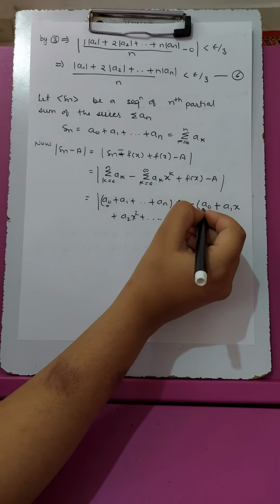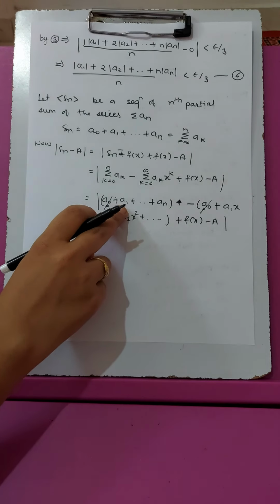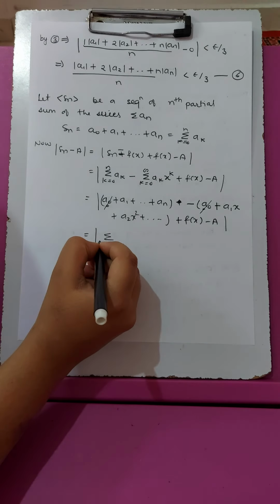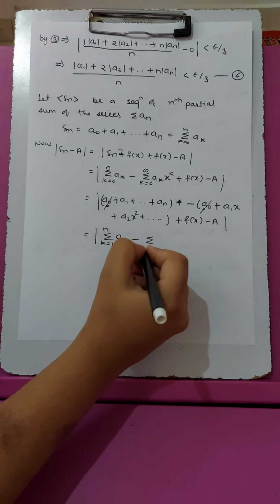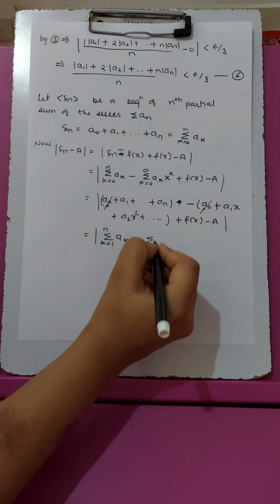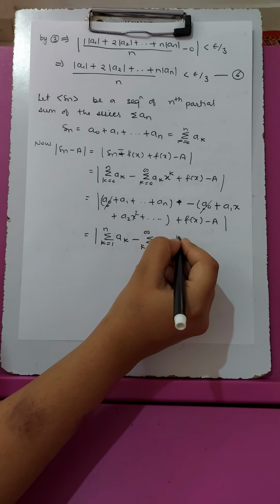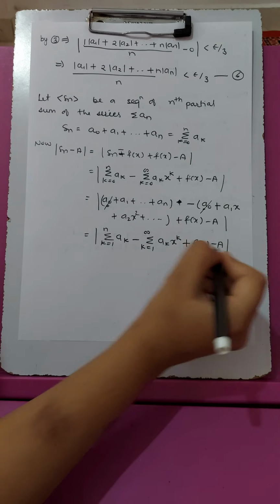So this a_0 cancels with this minus a_0. Then here remain a_1 plus a_2 up to a_n. So we can rewrite it as summation k from 1 to n a_k minus summation k from 1 to infinity a_k x^k, plus f(x) minus a.